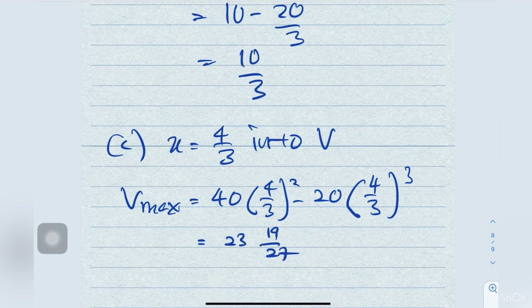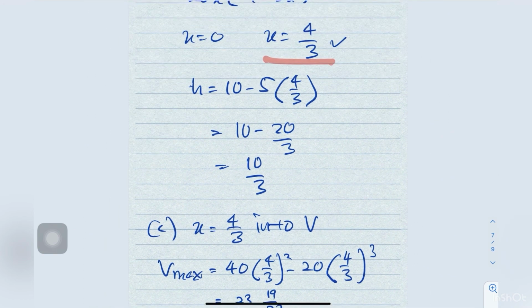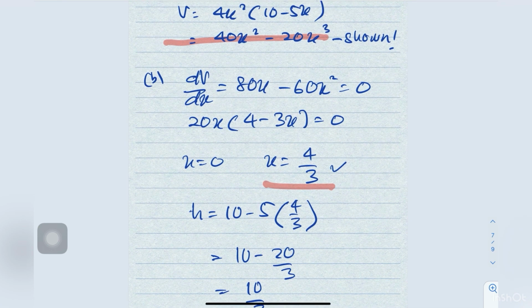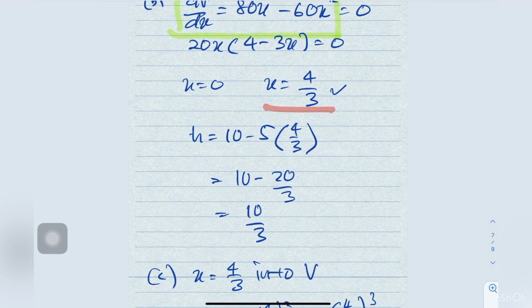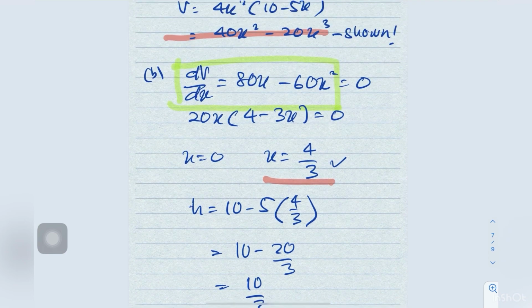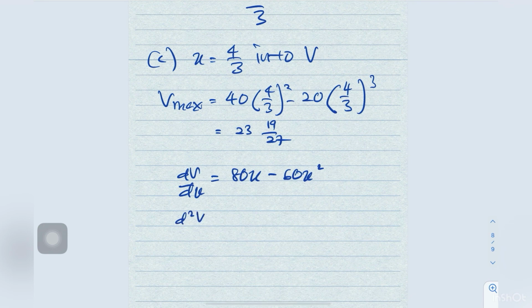Okay, so actually we can test this one is maximum. Just now your dV/dx is this one. Then we differentiate another time. dV/dx is 80x minus 60x squared. So d squared V/dx squared equals 80 minus 120x.